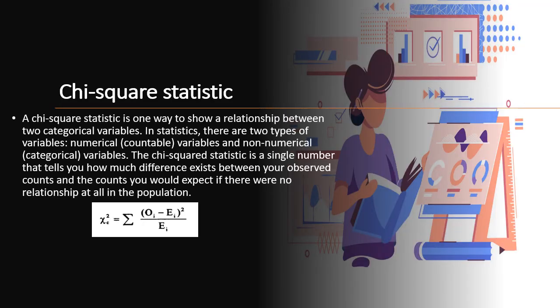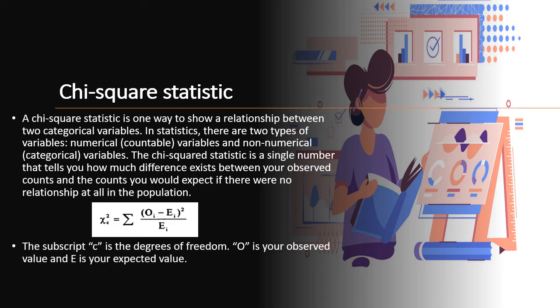Now, the chi-square statistic is one way to show a relationship between two categorical variables. In statistics, there are two types of variables, numerical variables and non-numerical variables. Numerical variables are countable and non-numerical variables are categorical in nature. The chi-square statistic is a single number that tells you how much difference exists between your observed counts and the counts you would expect if there were no relationship at all in the population.